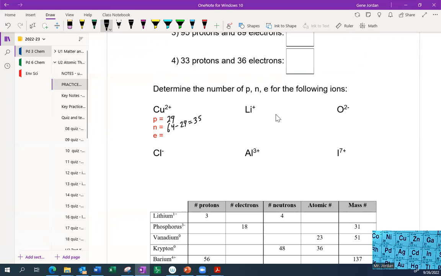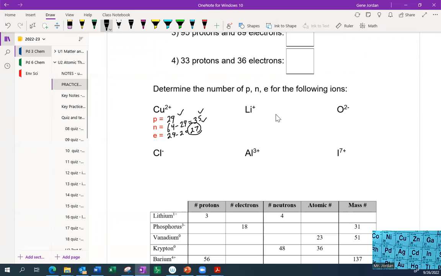So 35 neutrons. The number of electrons it should have is the same as the number of protons, but it's +2, so it must have lost 2 electrons. So its number of electrons must be 27 to give it a +2 charge. So make sure you have the numbers 29, 35, and 27.